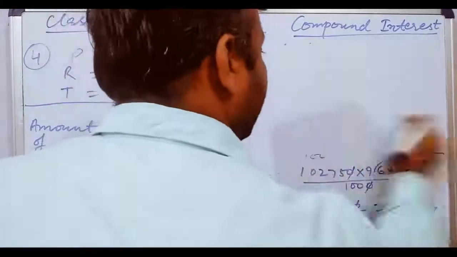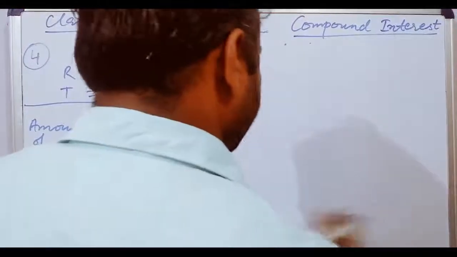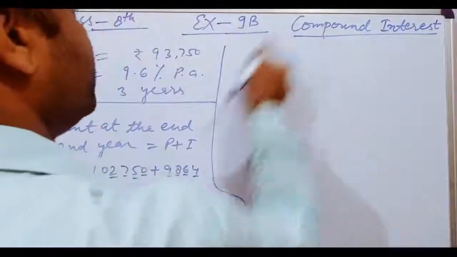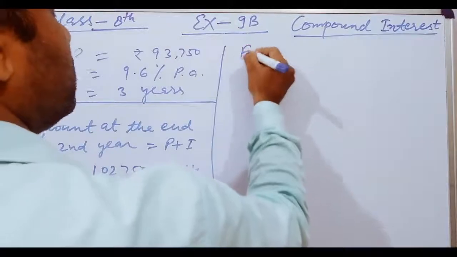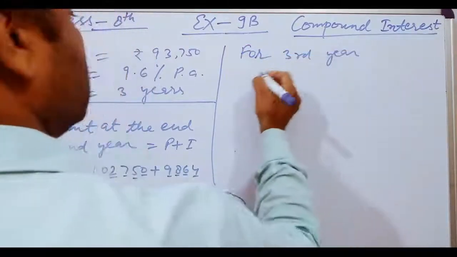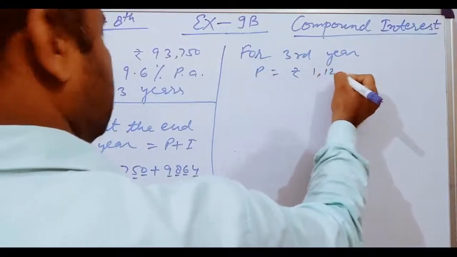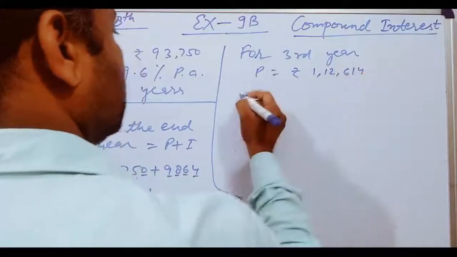Now for the third year, the amount at the end of second year will work as the principal for the third year. The rate is the same and the time duration is 1 year for the third year. Principal equals rupees 1,12,614.